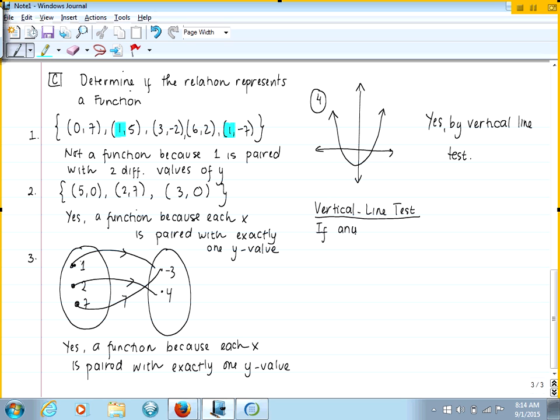If any vertical line crosses a graph at most once, then the graph represents a function.